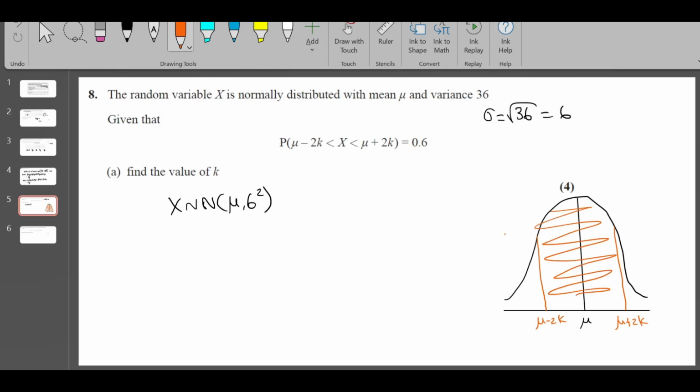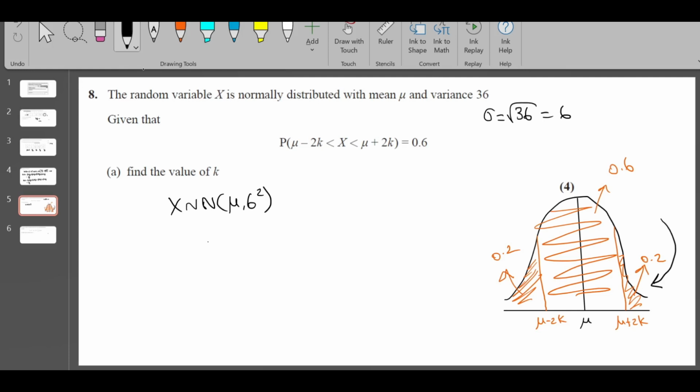We know the total area below the curve is 1. If the area between them is 0.6, definitely this little area and this area will be equal, 0.2 and 0.2, right? Because the total area should be 1. So the easiest way to find the value of mu is just consider this area.